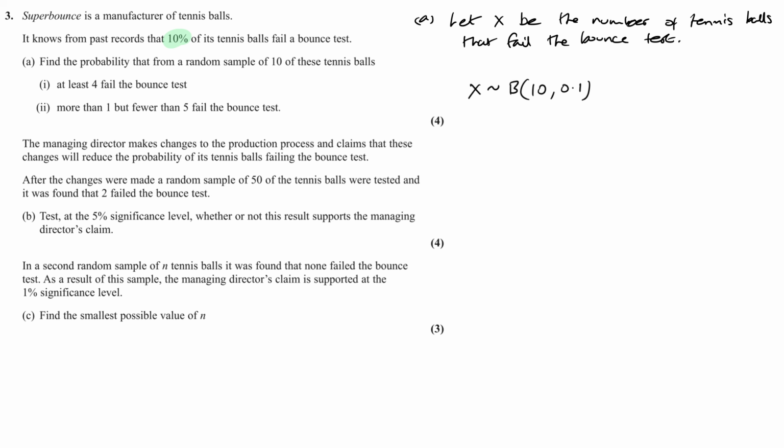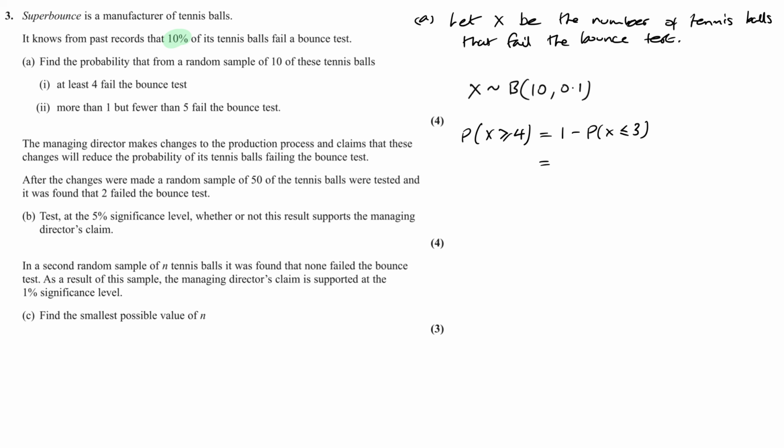Of course, you could change it to be the number of tennis balls that pass the bounce test, and then you'd have your percentage at 90%. So at least 4: this is the probability that x is greater than or equal to 4, so 1 minus the probability that x is less than or equal to 3.